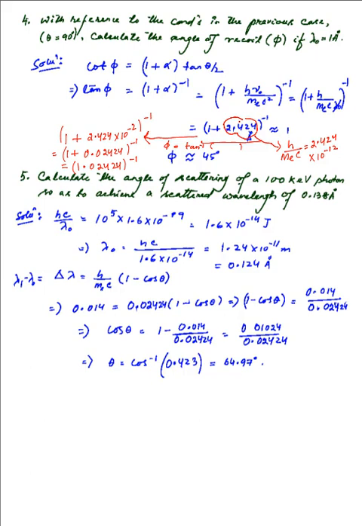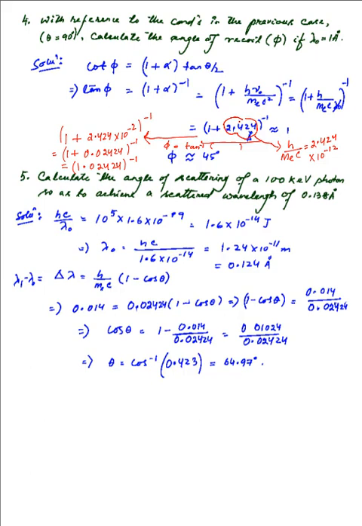So we get 1.6 times 10 to the power minus 14 joules with the 10 to the power 5 multiplied to it. Now lambda naught is equal to hc over the energy, because energy is equal to hc over lambda naught, so lambda naught cross multiplies, and we get the value over there to be 0.124 angstrom.